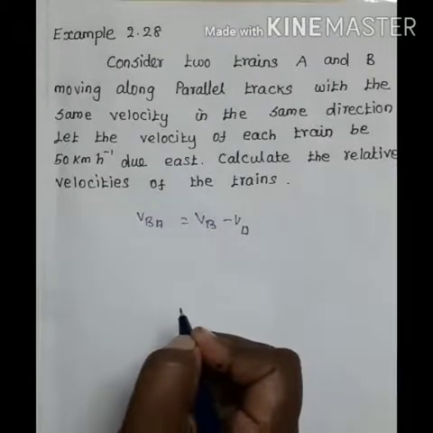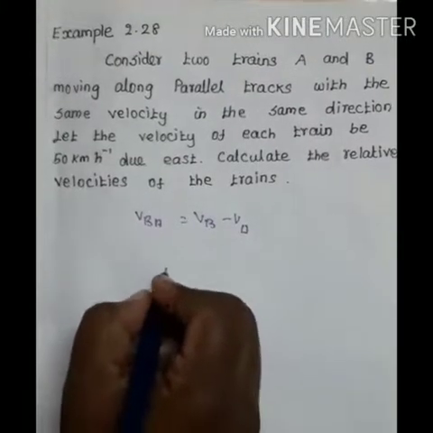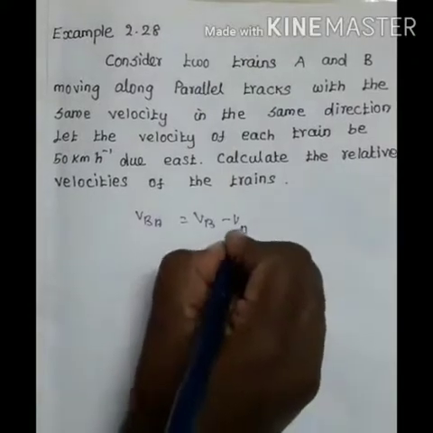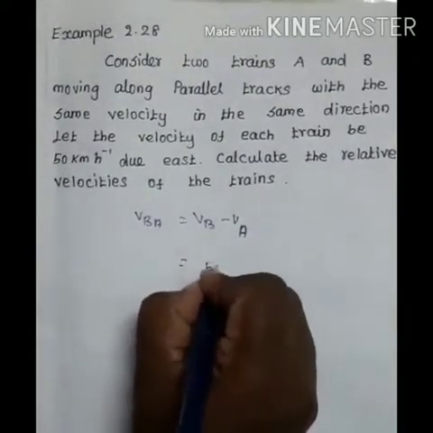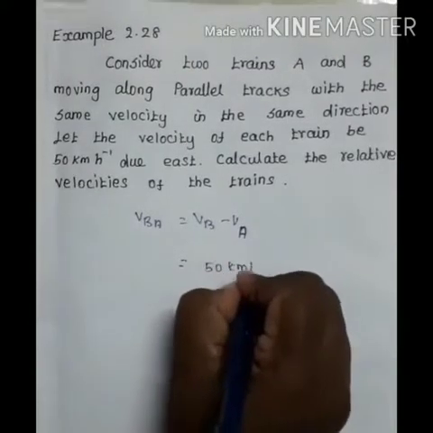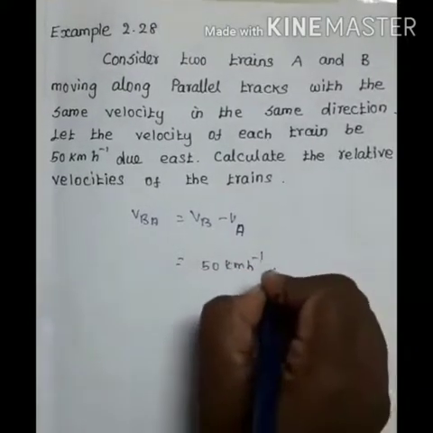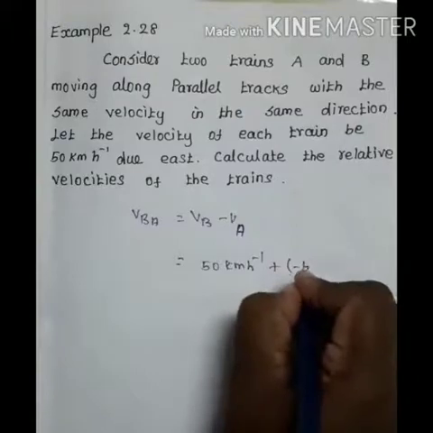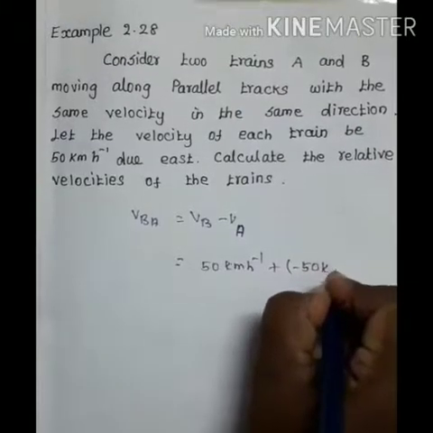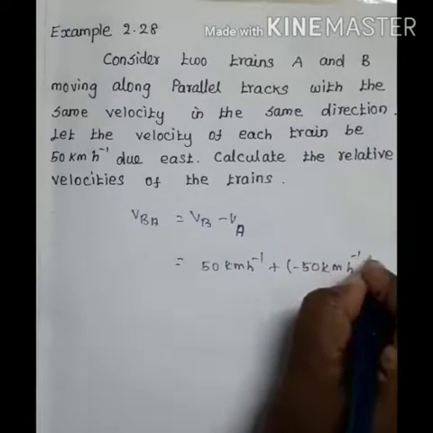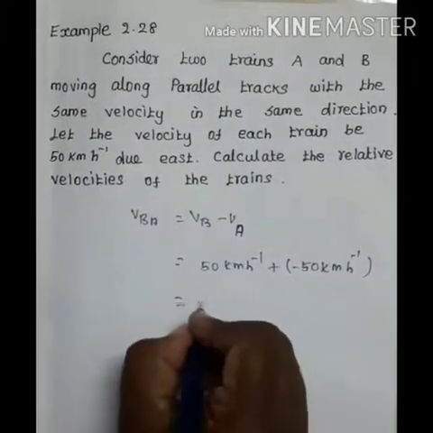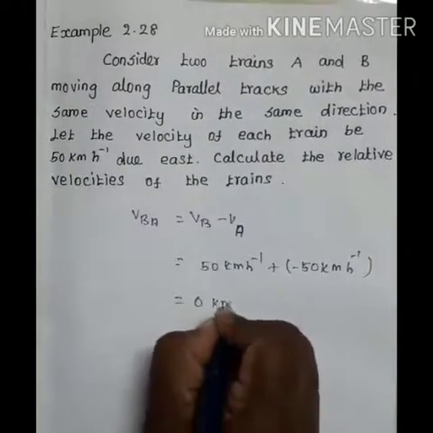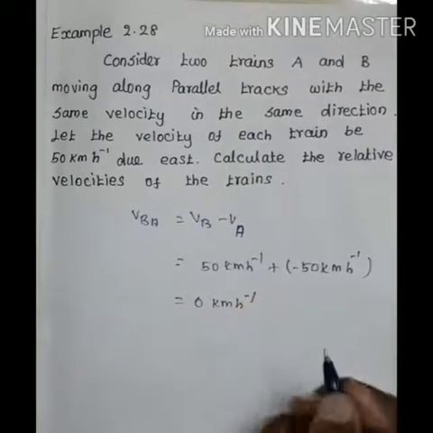Therefore, v_BA = 50 km/h - 50 km/h = 0 km/h.